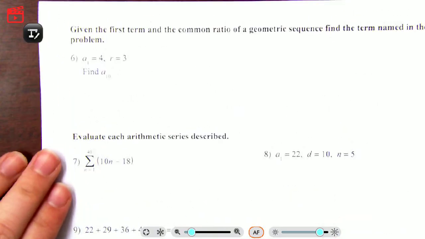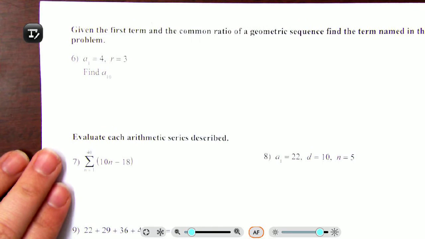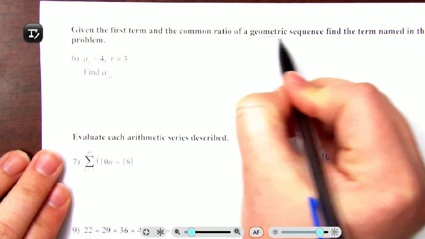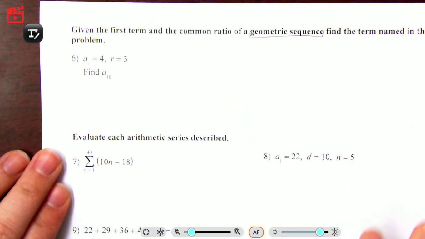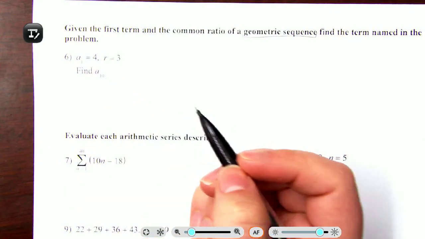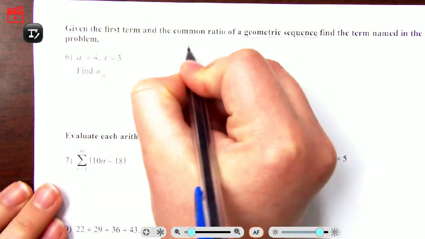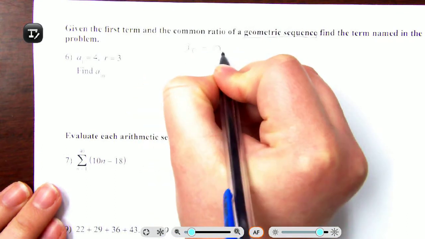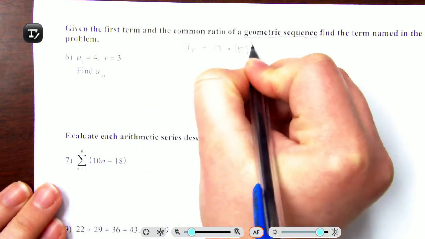Number 6 is asking us, given the first term and the common ratio of a geometric sequence, find the term named in the problem. Okay, so this is the same problem, but now we're dealing with a geometric sequence. So now we're dealing with a sub n is equal to a sub 1 times r to the n minus 1 power.